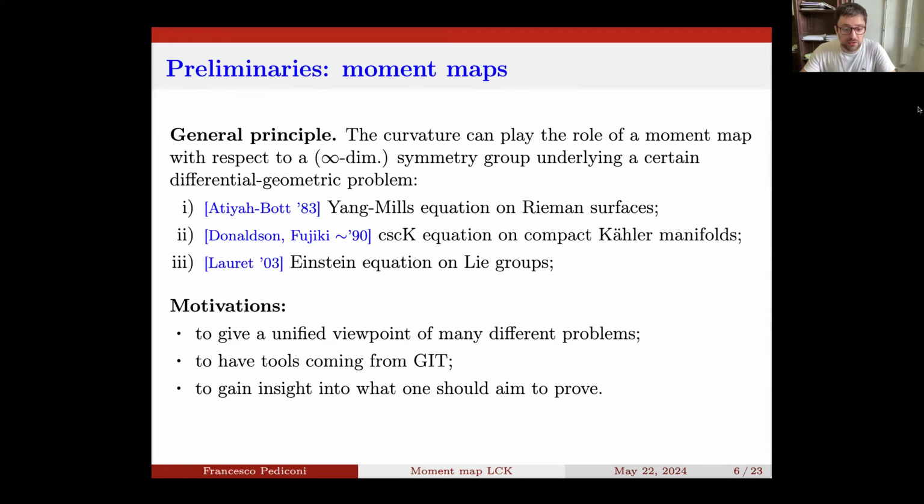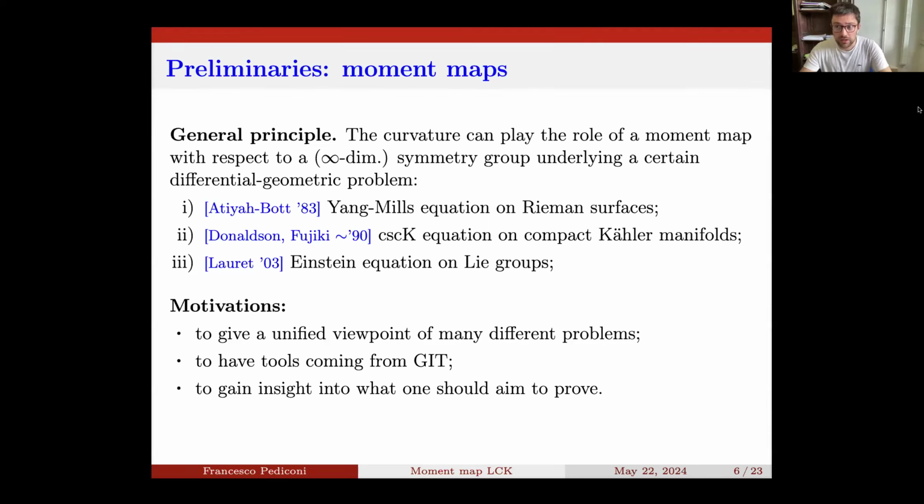In some cases you cannot hope to use theorems from GIT directly, because sometimes these moment maps are just formal, for example when you deal with infinite dimensional symmetry groups. But the point is that this framework can give you some insight into the type of results that you would like to prove, at least. It turned out to be really useful, for example, in Kähler geometry.